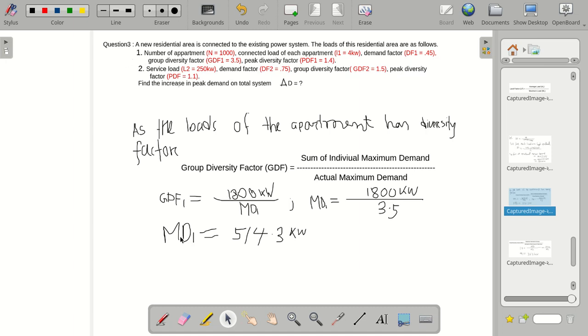So MD1 is equal to 1800 divided by 3.5. So the maximum demand of these apartments is 514.3 kilowatt.